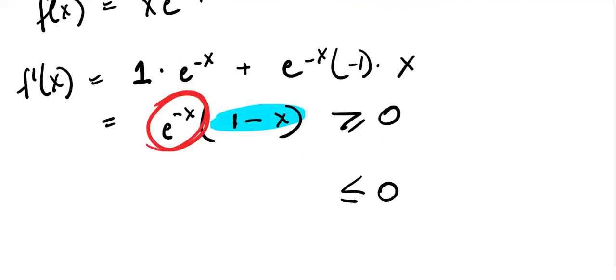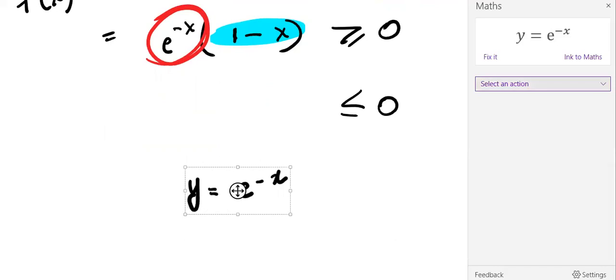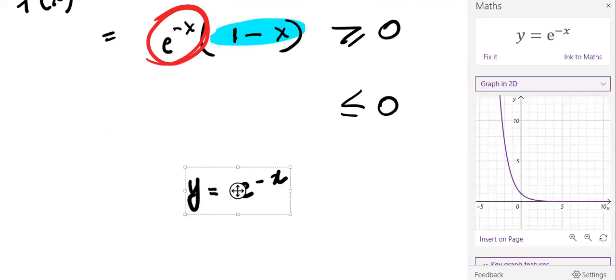Let me show you this also. So when I say y is equal to e to the power minus x, let me just plot this. Let's insert a 2D diagram.